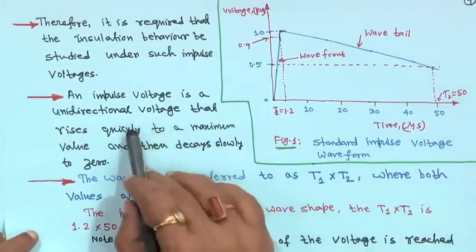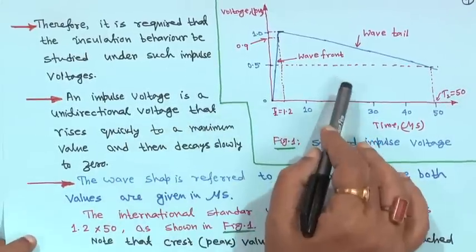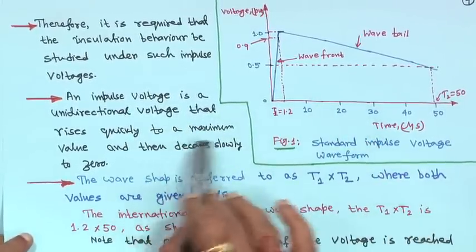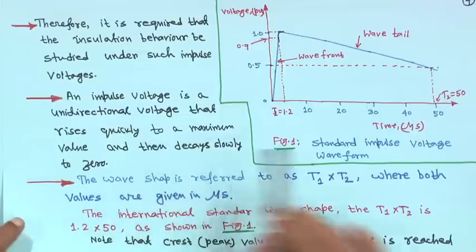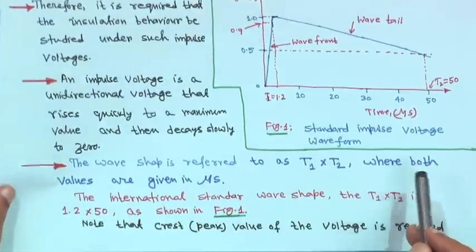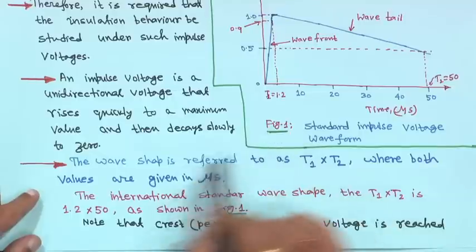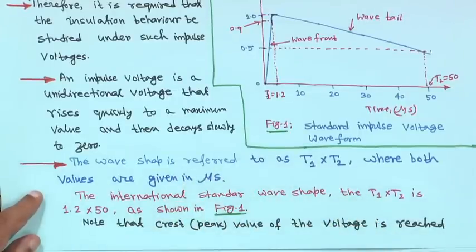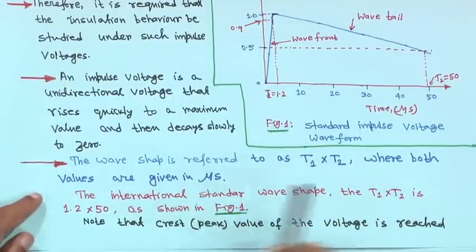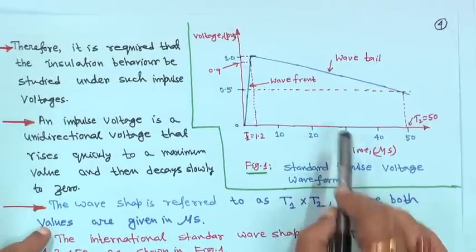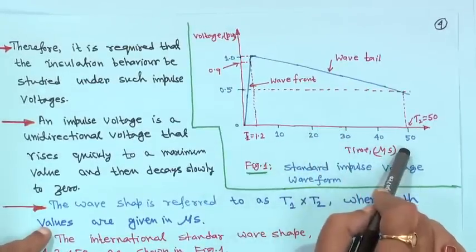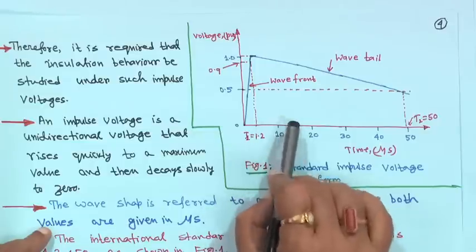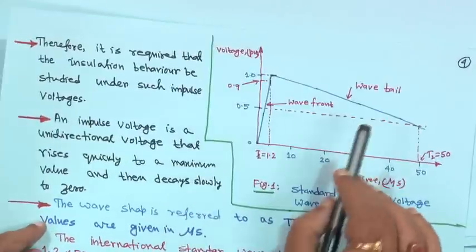An impulse voltage is a unidirectional voltage that rises quickly to a maximum value and then decays slowly to 0. The wave shape is referred to as T1 into T2, where both values are given in microseconds. If you look at the graph, this axis is microseconds and this axis is voltage per unit.